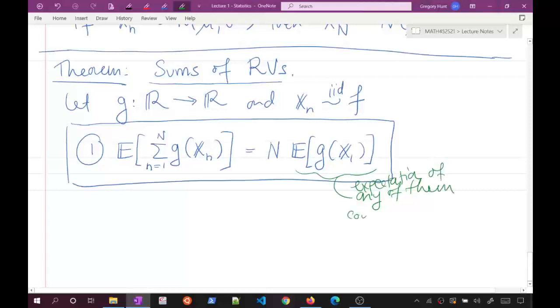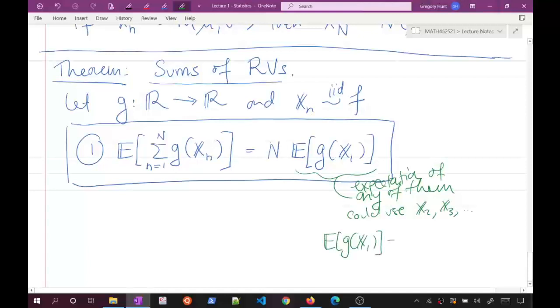So could use X1 here, not particularly important. Could use X2 or X3, etc. They all have the same expectation, right? So if they're independent and identically distributed, the expected value of X1 is the same thing as the expected value of X2, right?